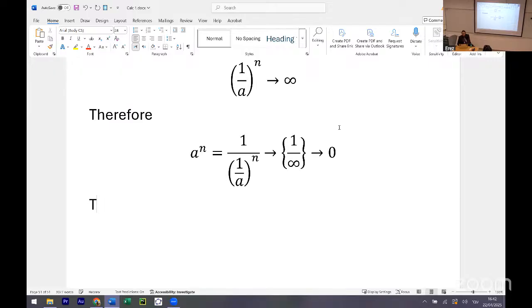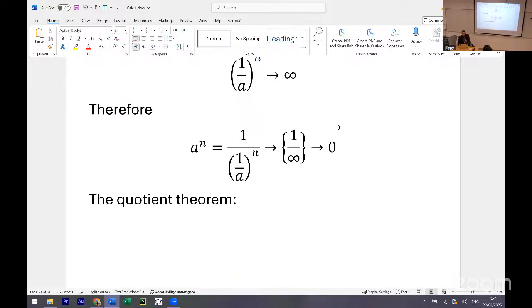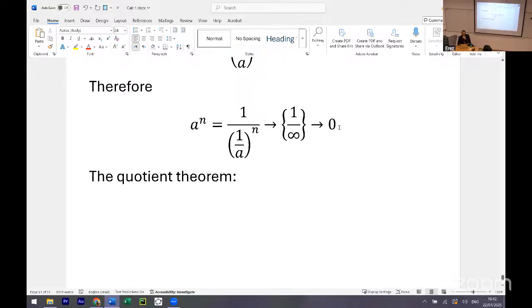So the quotient theorem. Not sure if it's called that, not sure even if in Israel, but it's well known, so it doesn't matter.